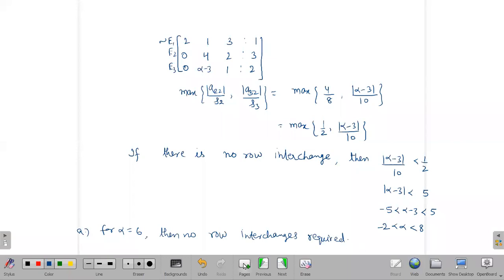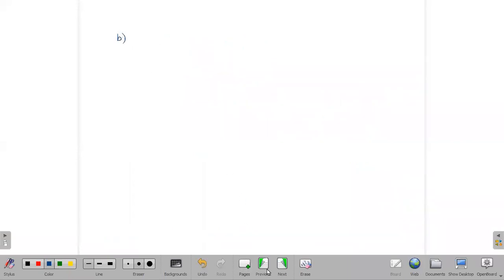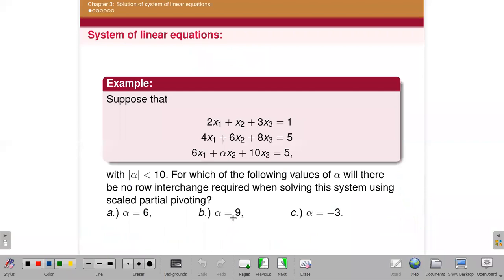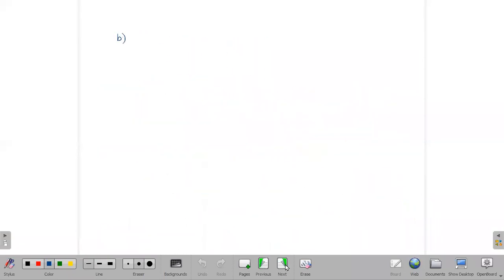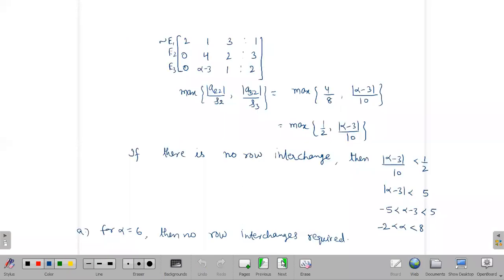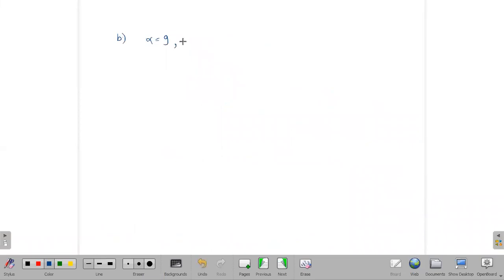And similarly for the B part, alpha is equal to 9, then minus 3. So alpha equal to 9, 9 is not in this interval. So for alpha equal to 9, a row interchange is required.